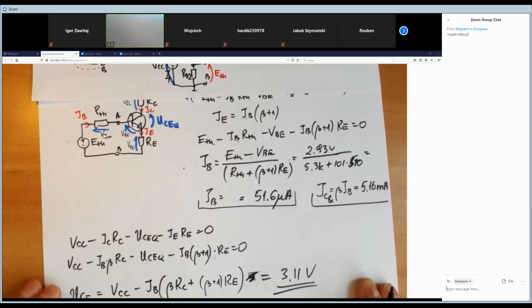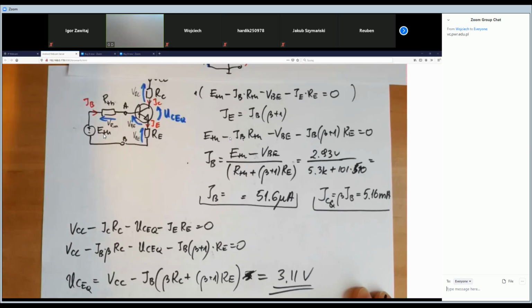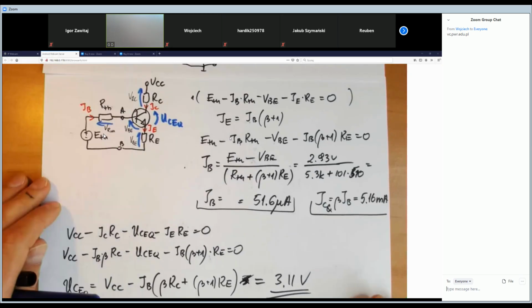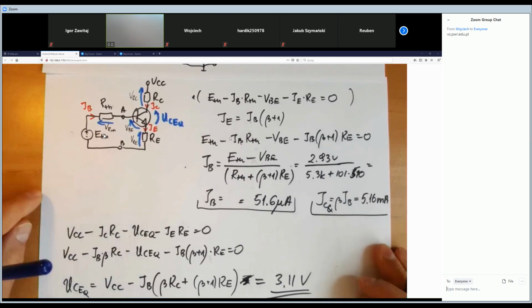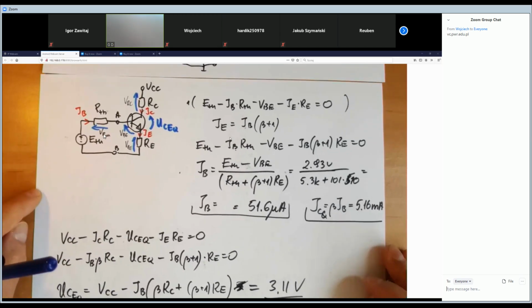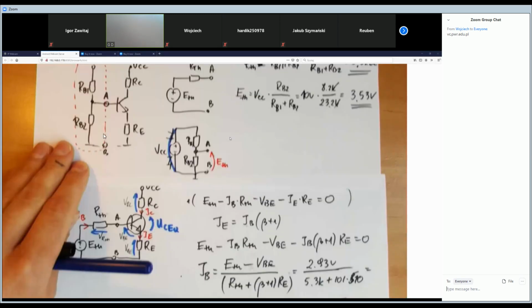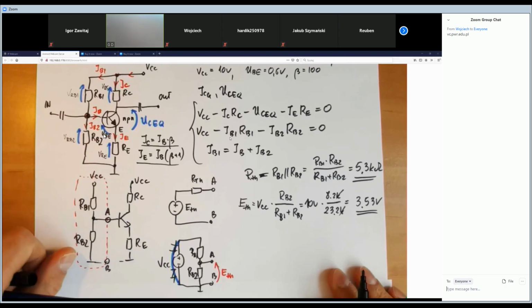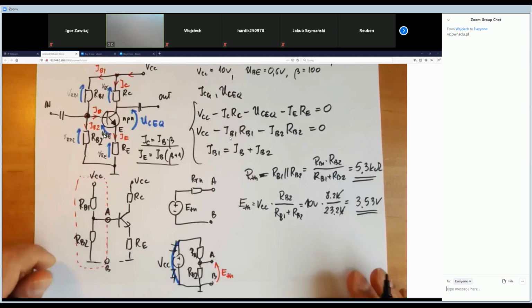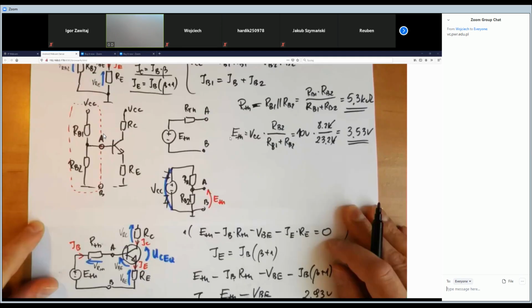So as you see, that's one possible way to find the DC working point for this transistor with that type of base polarization, using the voltage divider.